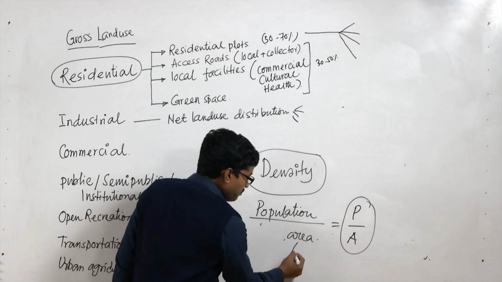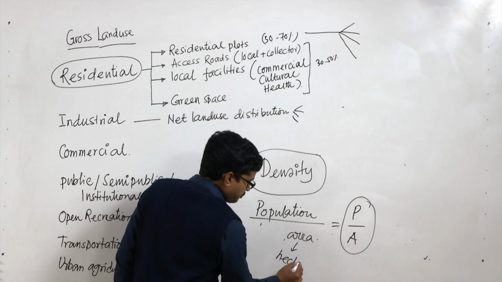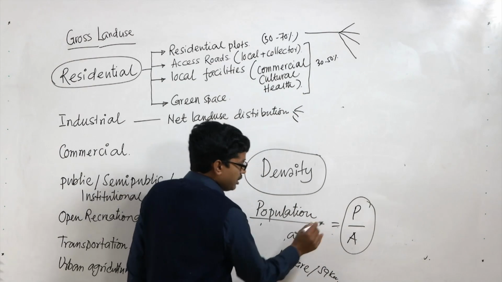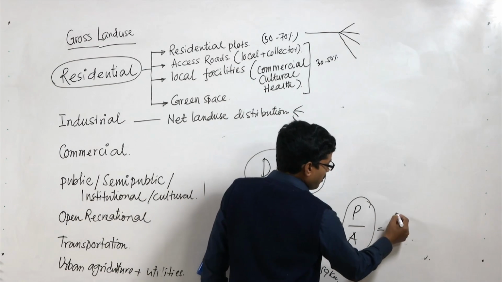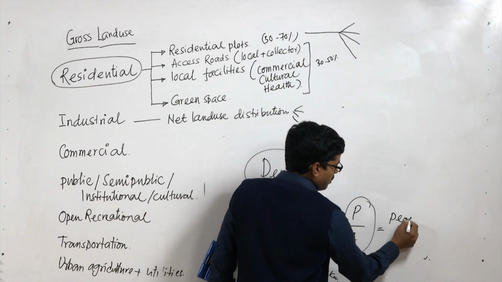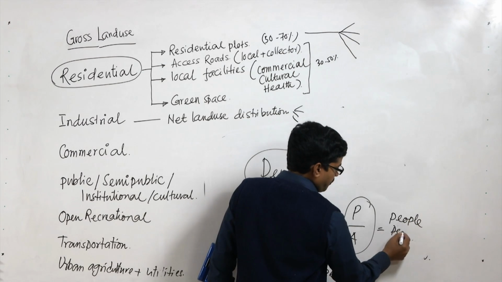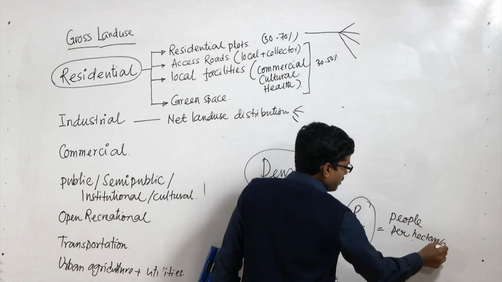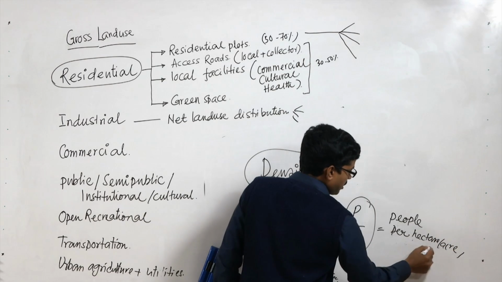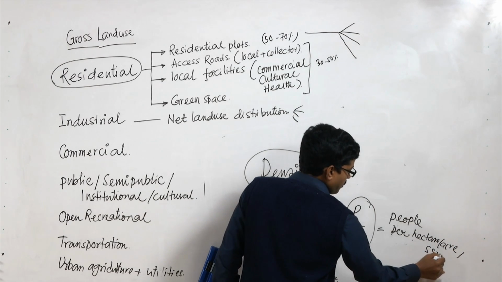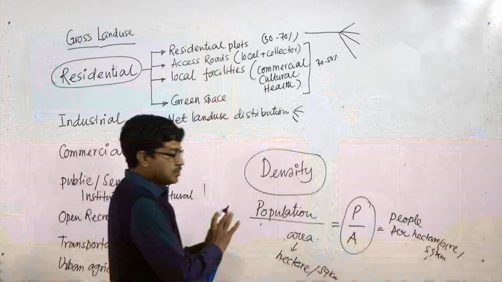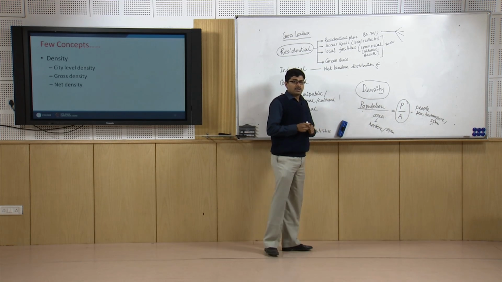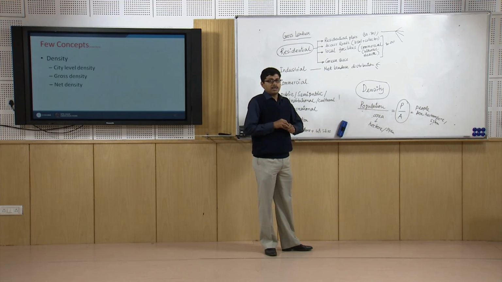So the unit of the area can be hectare or square kilometer. So that means the unit of the density will be people per hectare or acre or square kilometer, right. So this is the generic representation of the concept of the density, but we consider density in different levels.